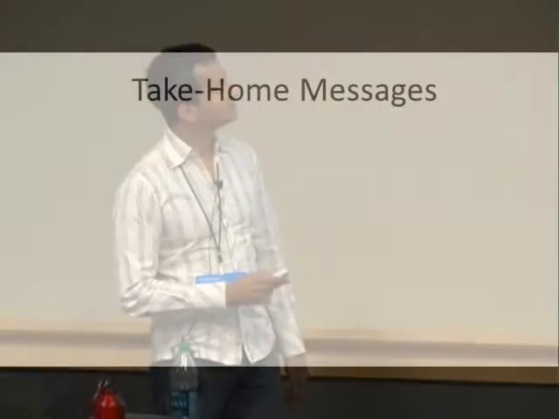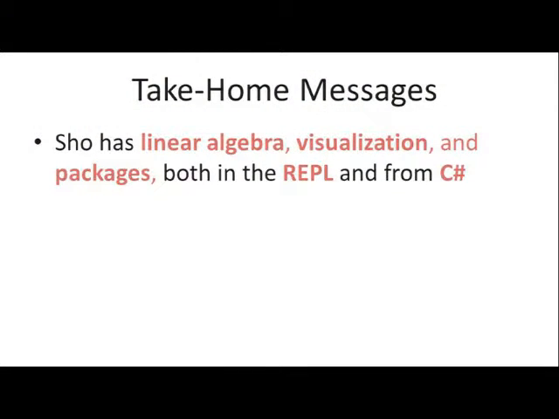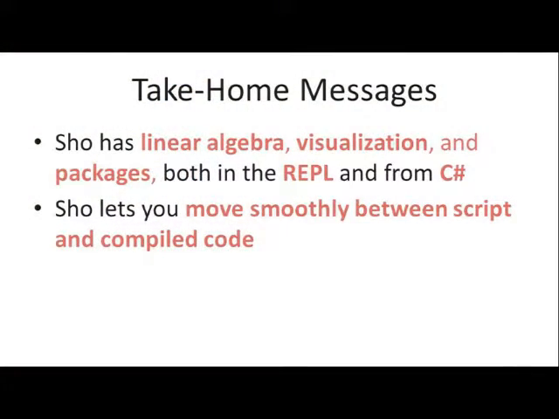So I think that's it for the, oh, sorry, it's not it. There's one last slide: the take-home messages of what Show's about. Fundamentally, Show has linear algebra, visualization and packages, and they're available to you both from the REPL and from C#, whichever style you want to work in.